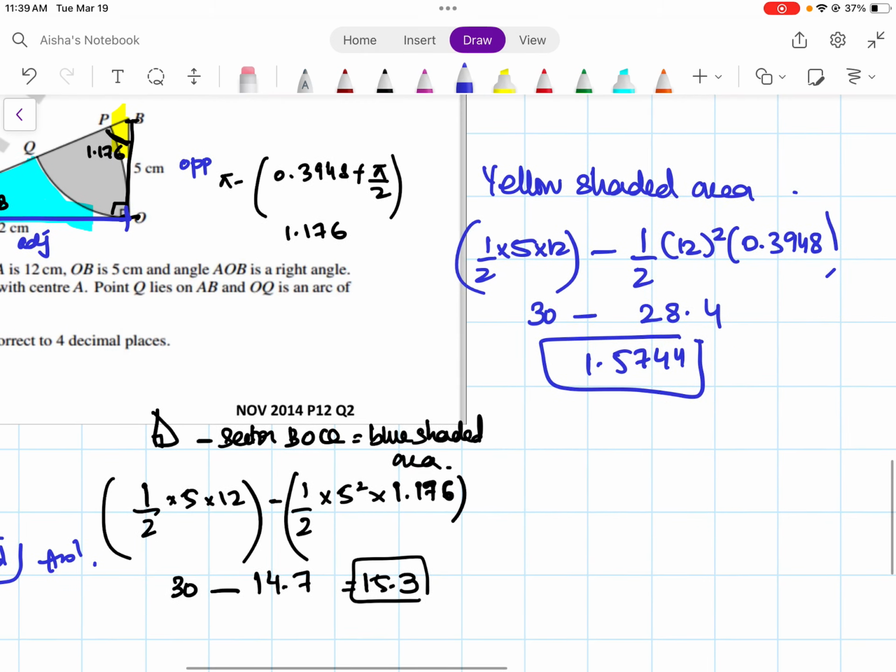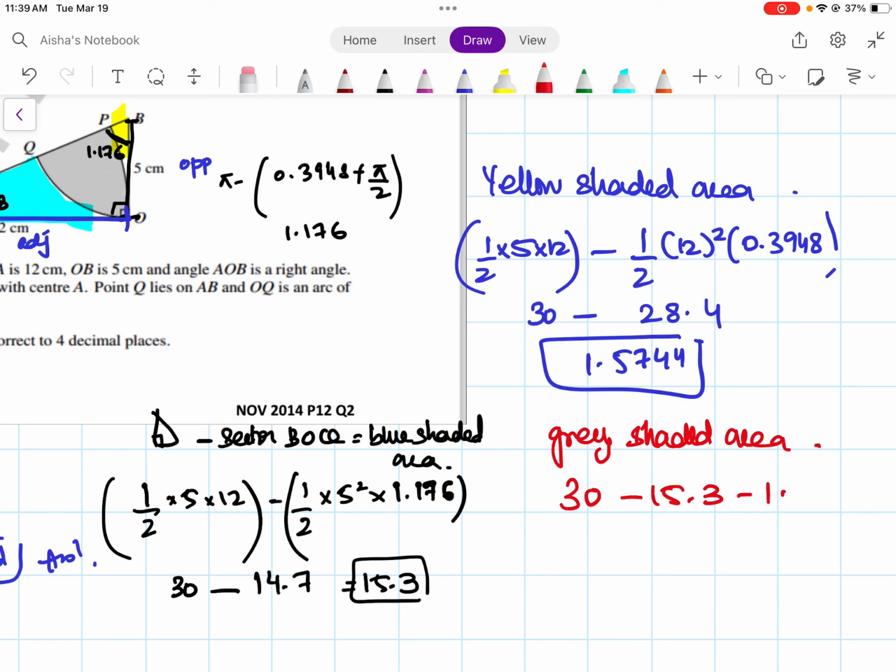Now the gray shaded area is going to be the complete triangle minus 15.3 minus 1.744, which is 13.1. This is my final answer.